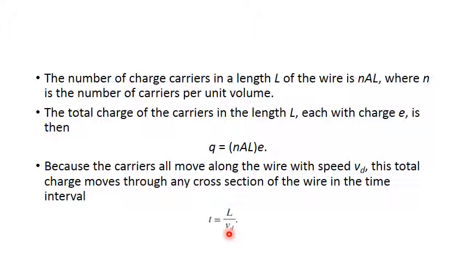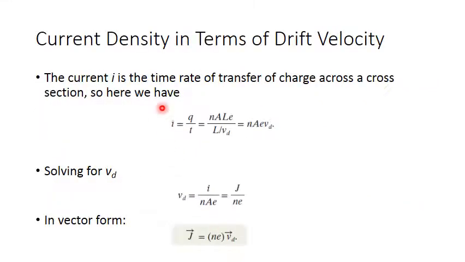Now, if we remember, the current is Q over T. So the total current I would be Q over T, and we have proved that Q is the number of carriers per volume multiplied by the volume multiplied by the charge of each carrier.